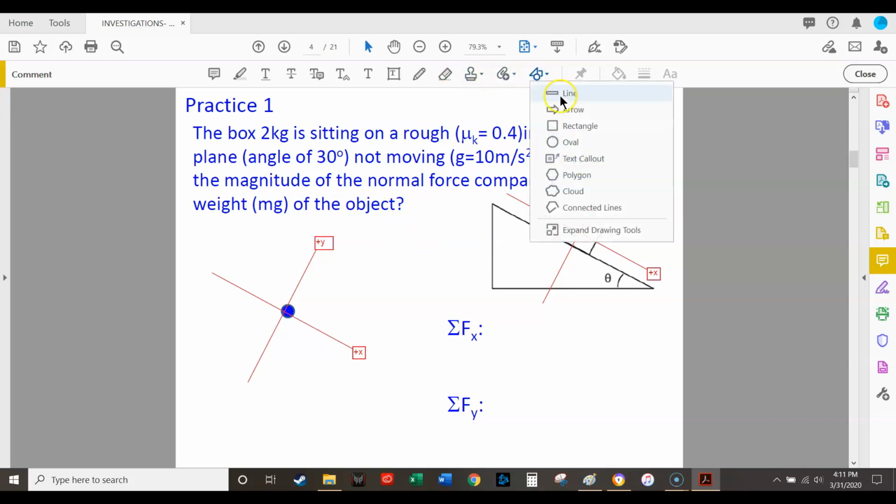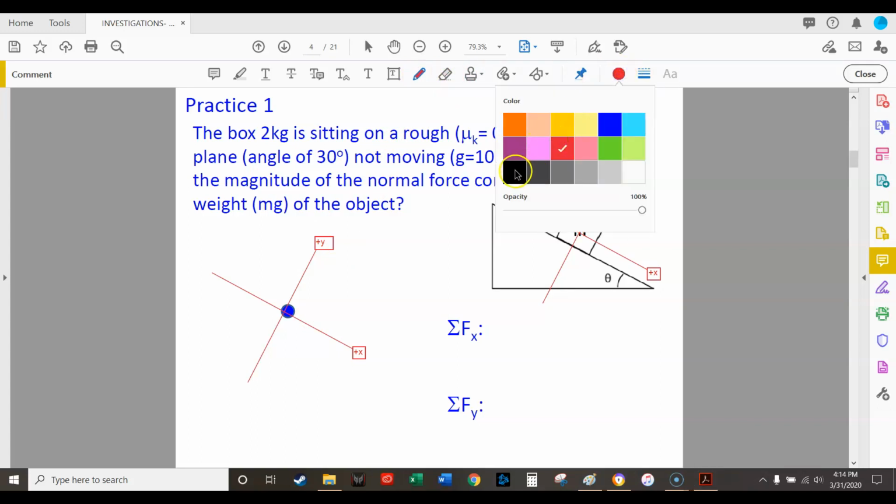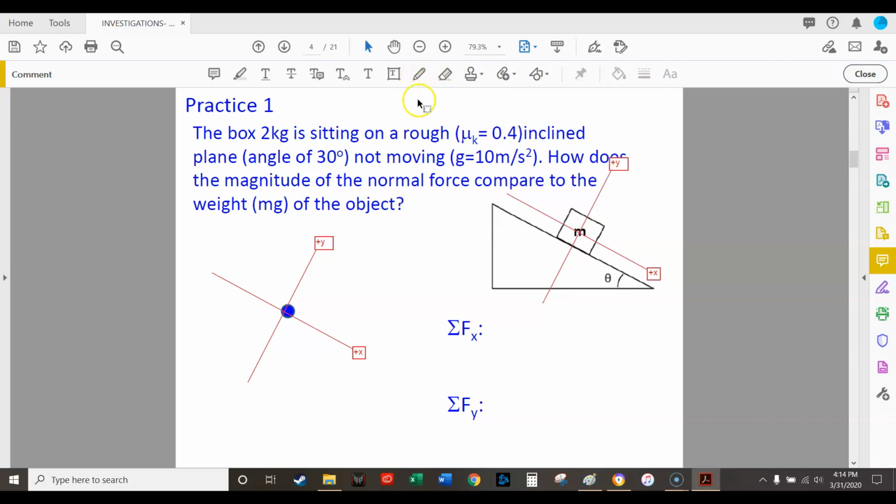Now I'm going to see if I could change the color of this. Hold on one second. Now that I've got my coordinate system over here, notice that my color is red. If you need to change the color of the ink, if you click on this, a little red dot will open up, and you can go to the tool and change that to black. The reason I'm going to do that is I'm going to be drawing forces on there, and I want to use a different color than the coordinate system.